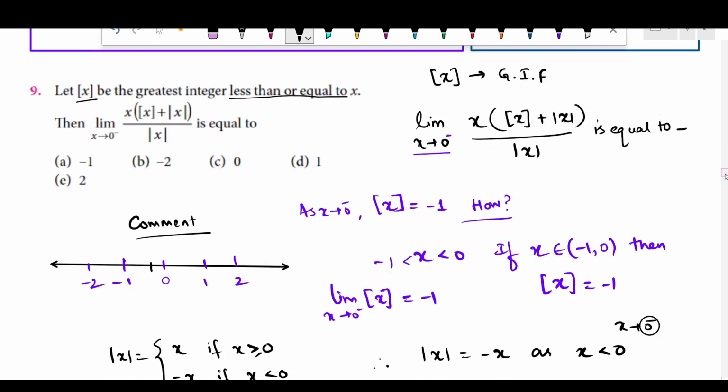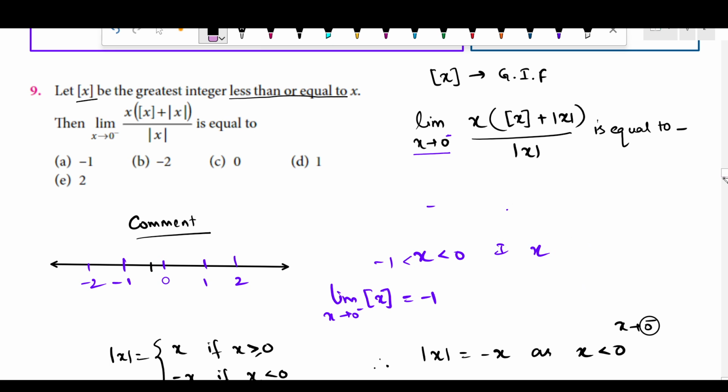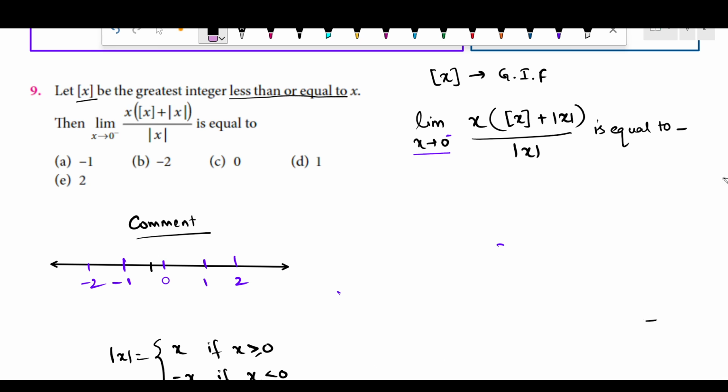Now let's move on to this question. So the question was, what will be the value of this?